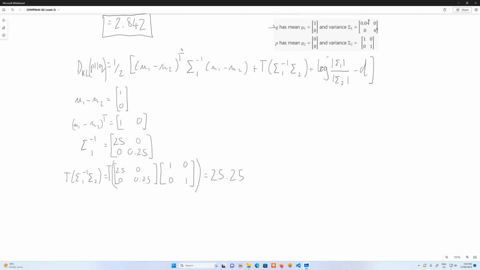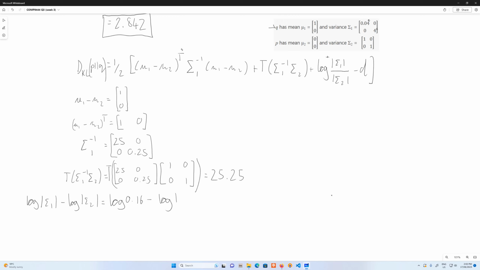Now we just need this log term over here. So let's change this slightly to be log of that determinant minus log of this determinant. So the determinant for the Q distribution is log 0.16, and we need to subtract log 1.